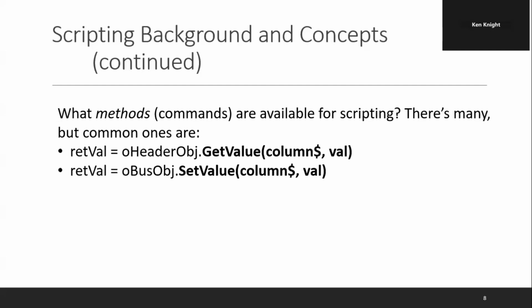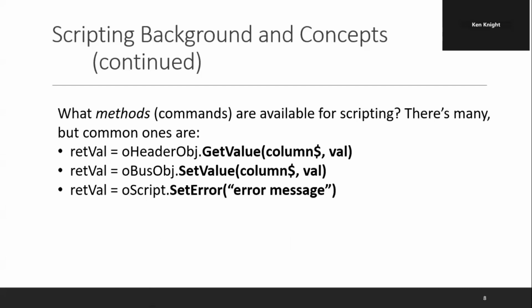That way they could just connect up in their report to sales order detail and see on each line what was the customer PO number. Utilizing these two commands formatted just like this, I was able to write a script connected to the header object, get the value of the customer PO number, and then set the value into that user-defined field in the sales order detail. So GetValue and SetValue are two that are used very, very often.